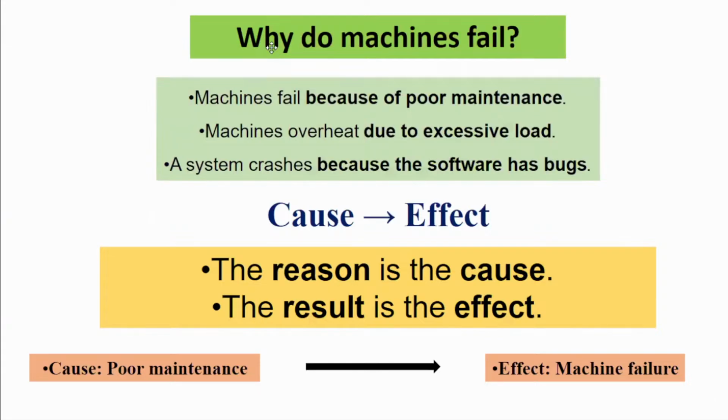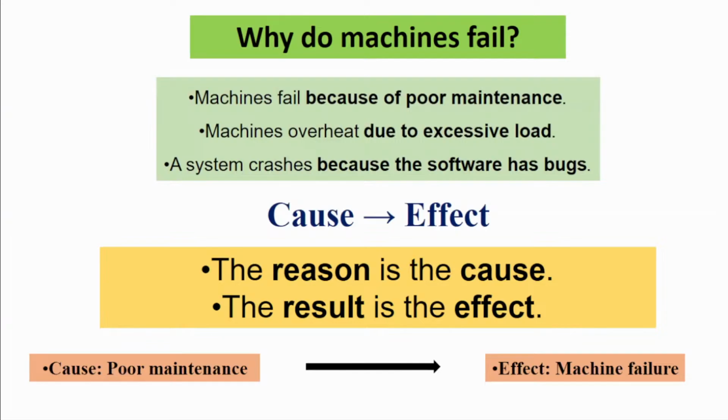So if I ask you the question, why do machines fail? You might come up with these answers. So I have brought up the answers as well. What are the three answers that you might bring up? Machines fail because of poor maintenance, right? Then machines overheat due to excessive load.